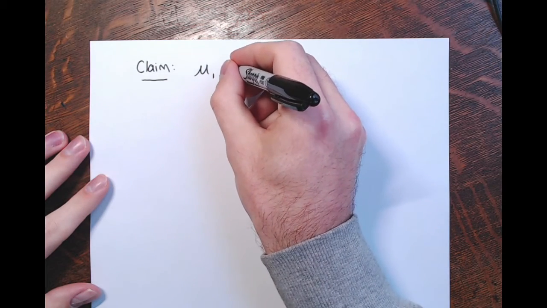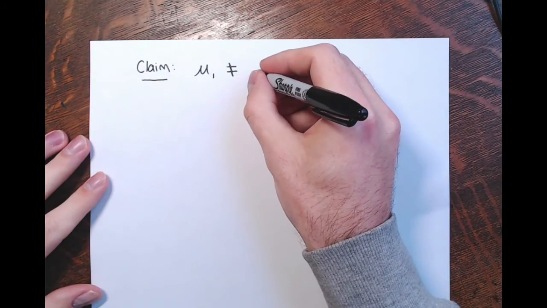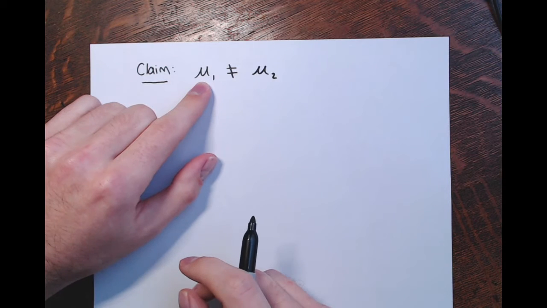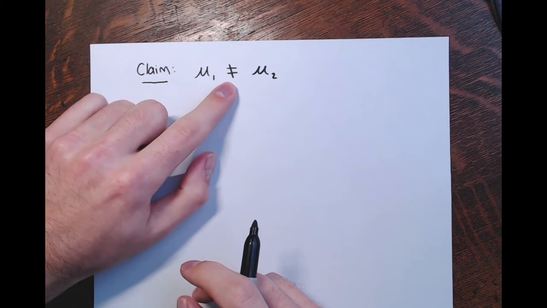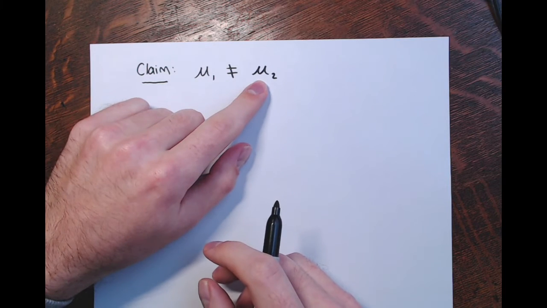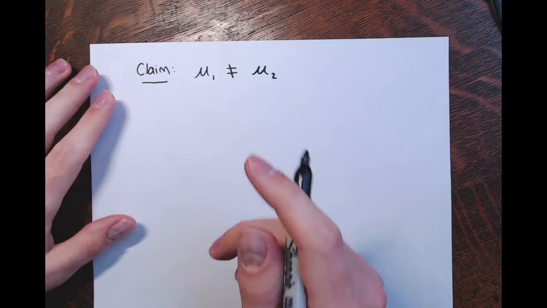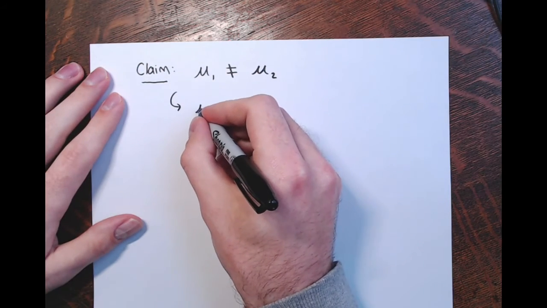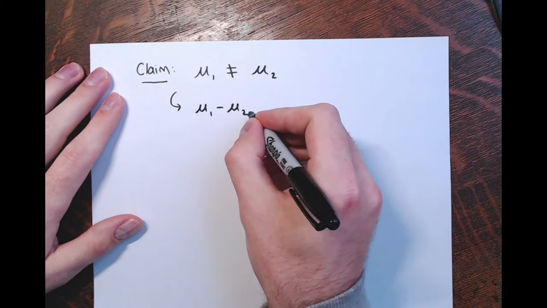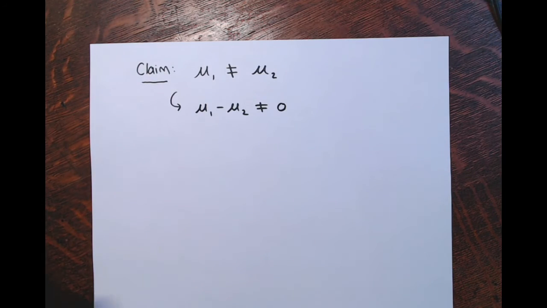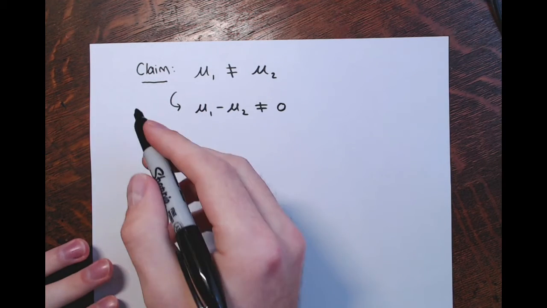Now, is different than is simply is not equal to. So the claim being tested here is that the average GPA for the students with jobs is not equal to the average GPA of students without a job. Another way to say this would be that mu1 minus mu2 is not 0, meaning there is some sort of difference between the average GPA of students with jobs and students without jobs.